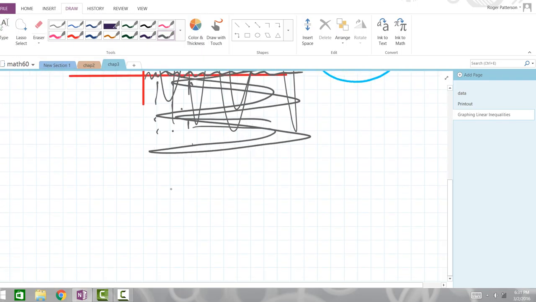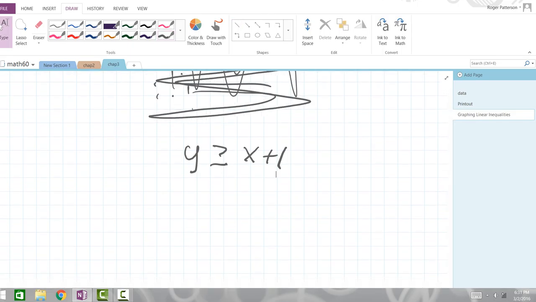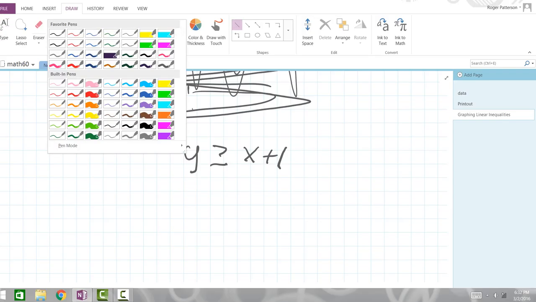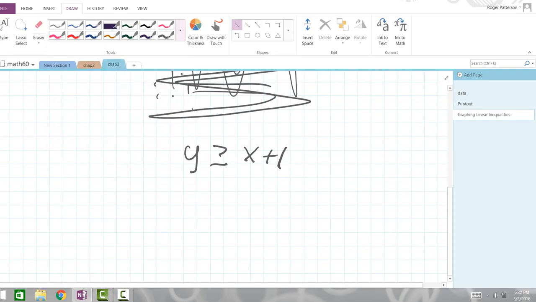Let me give you a little example. Suppose we have y is greater than or equal to x plus 1. So we'll just start off with something like this. I'm going to take my little graph here and make a graph out of this.